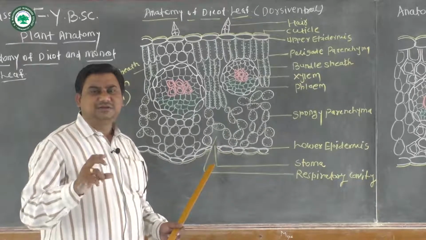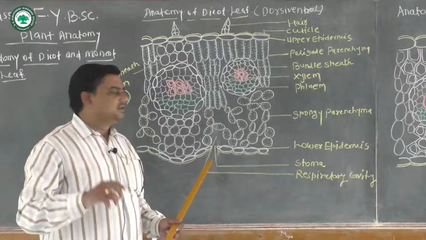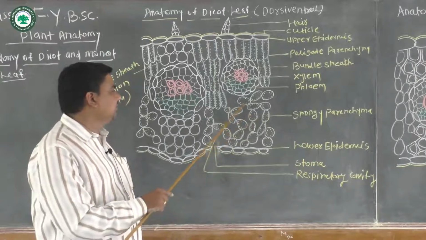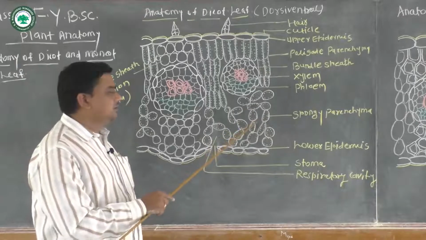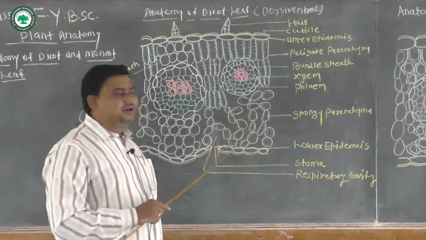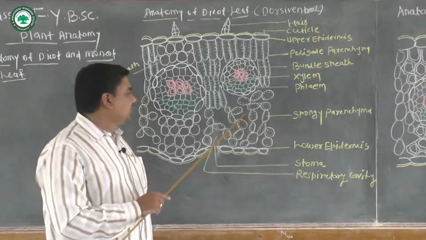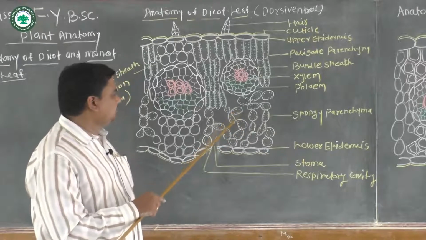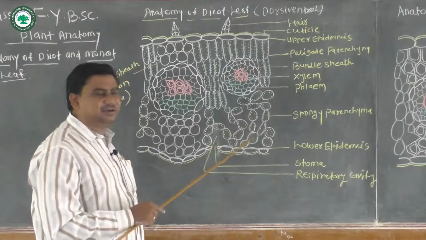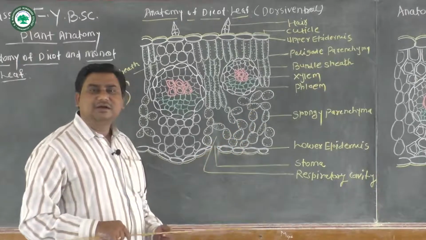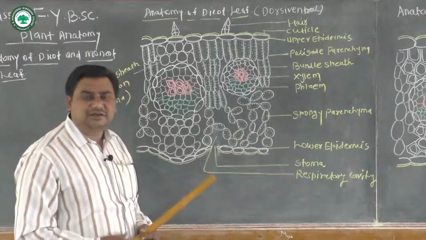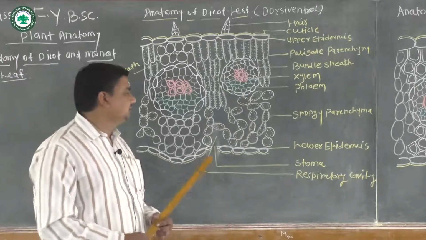Just as in a sponge there are spaces like this, here there are some intercellular spaces in between the spongy parenchyma. There are intercellular spaces between these cells. So what we call these cells are the loosely arranged cells.